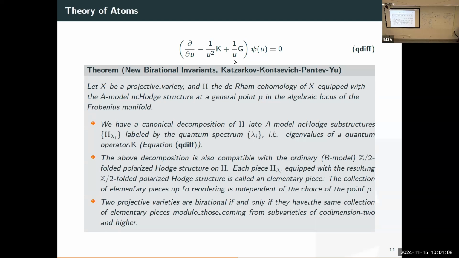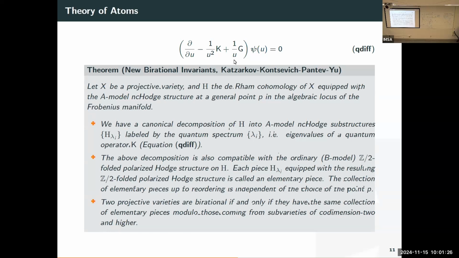We think of them as de Rham pieces, which are fixed under the action of the Mumford-Tate group, but also as non-commutative structures associated with this A-side category that we have on our projective manifold.